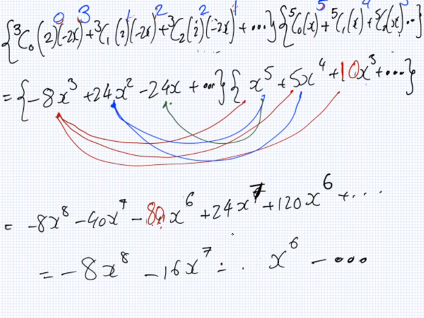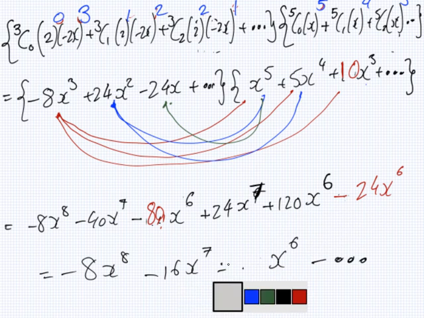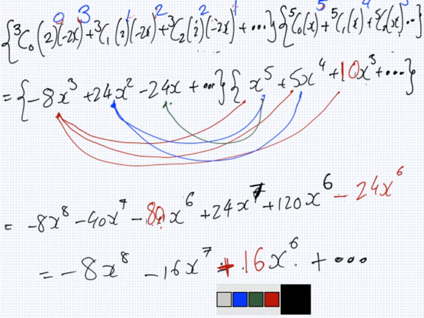Oh, the last one. Yes, minus 24x6. Why didn't I write it down? 24 by that, yeah, minus 24x6. Okay, 120 minus 80 is 40. 40 minus 24 is 16.